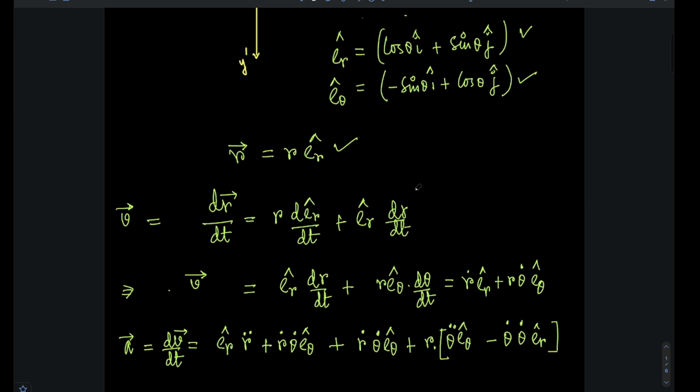Here you should understand how d e_r cap/dt equals minus sin theta i hat plus cos theta j hat, times theta dot, and this is nothing but e_theta cap theta dot.